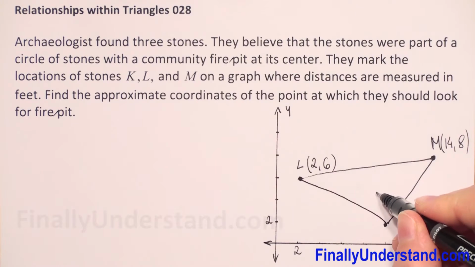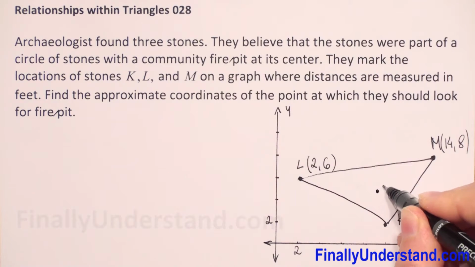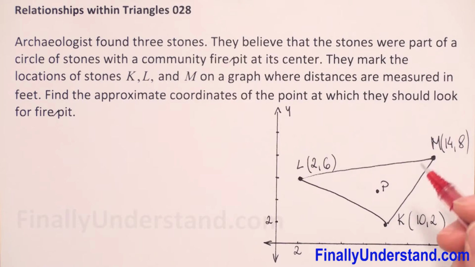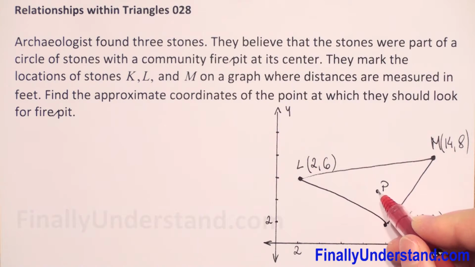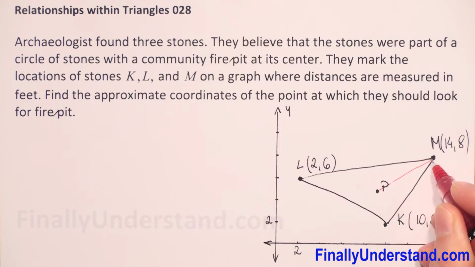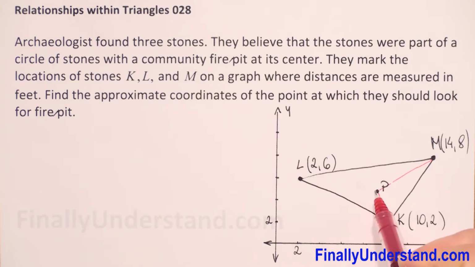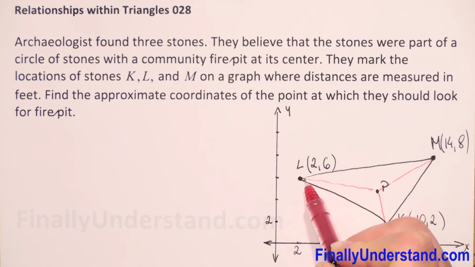So let's put that here. We have point P. And this point must be equidistant from the vertices of our triangle. So PM must be equal to PK and PL.